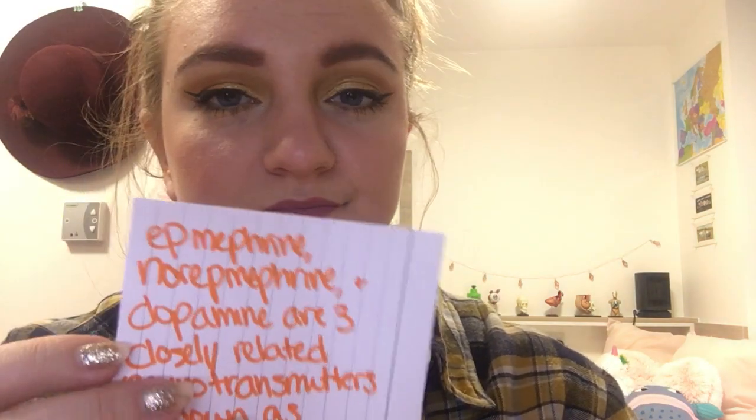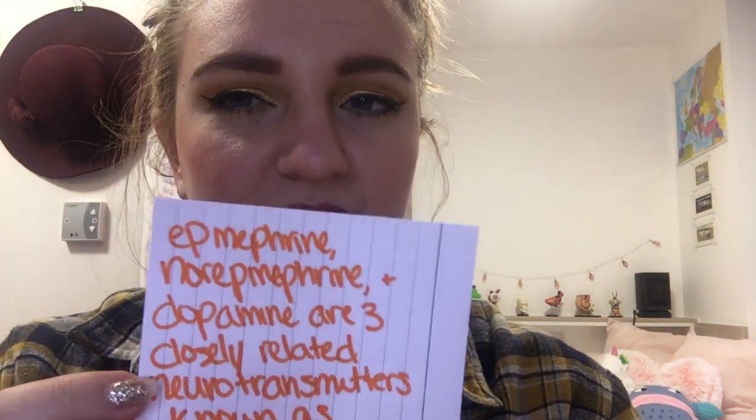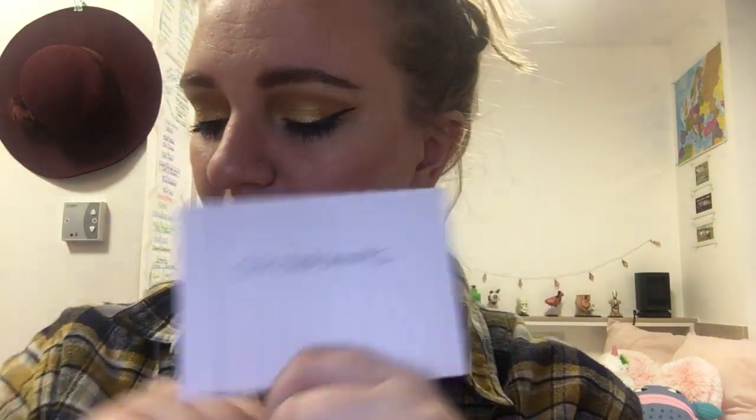Moving on to some different neurotransmitters. Epinephrine, norepinephrine, and dopamine are three closely related neurotransmitters known as catecholamines. It's probably a word you've at least heard before, even if you don't remember what it was for. I knew I'd heard that word before when I was reviewing, but I couldn't remember what it was for.